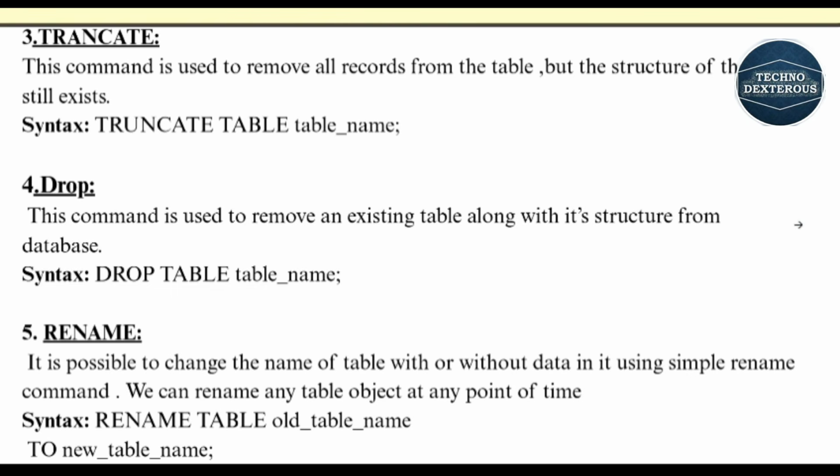Fourth is the drop command. This command is used to remove the existing table along with its structure from the database. Here we see that in truncate we can remove only records but the structure is still alive. But in the drop command we remove the table along with the structure.